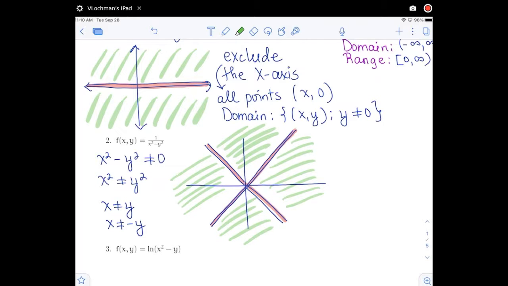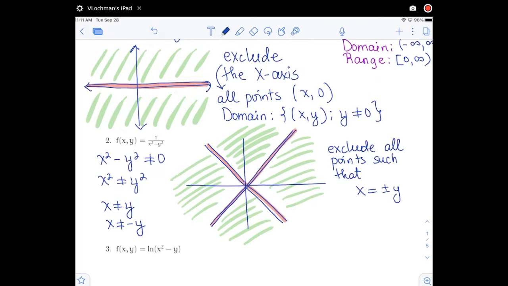Okay, so now we're going to exclude what? We're going to exclude all points such that x is equal to plus or minus y, right? Okay, those are the points that we need to get rid of.